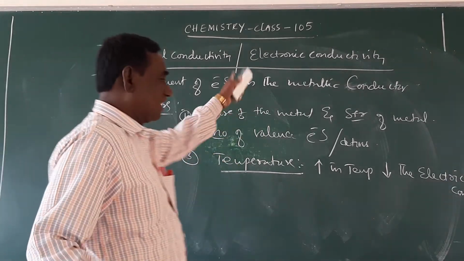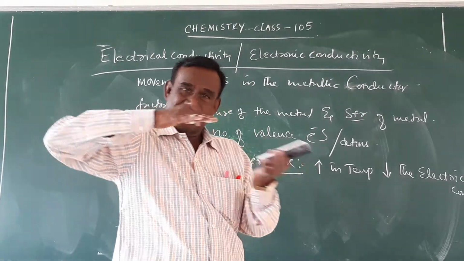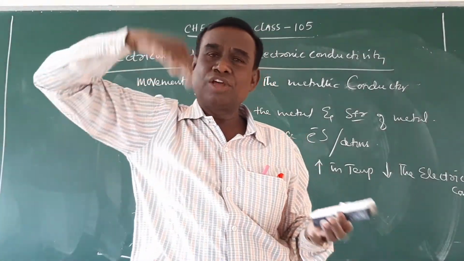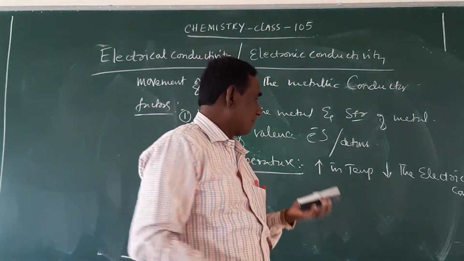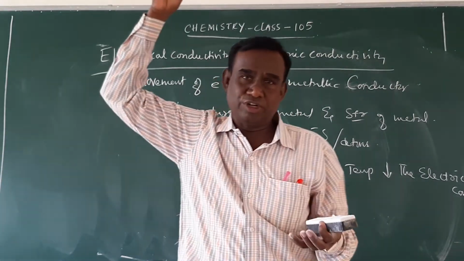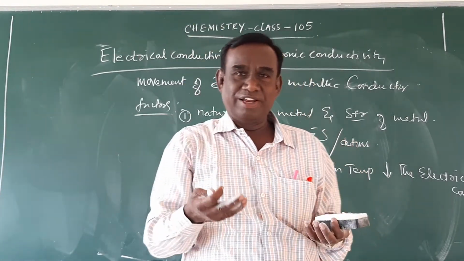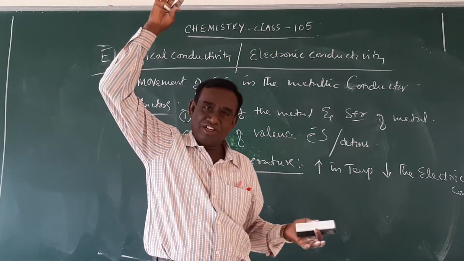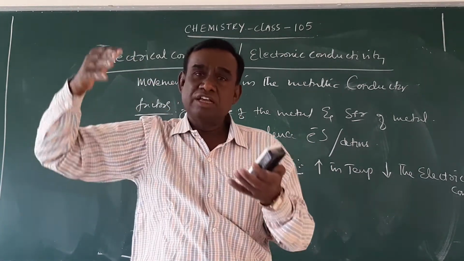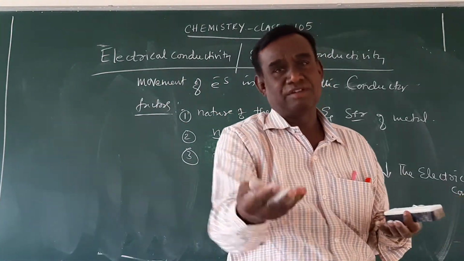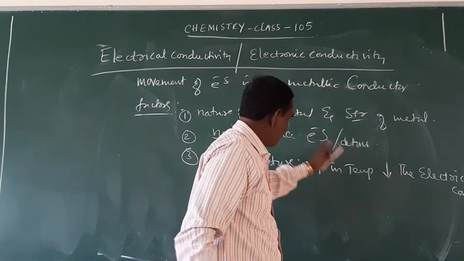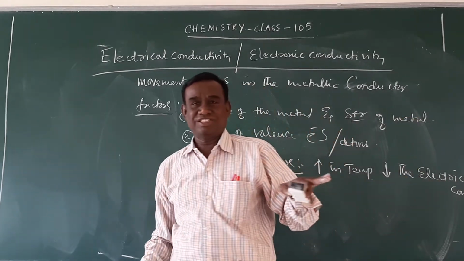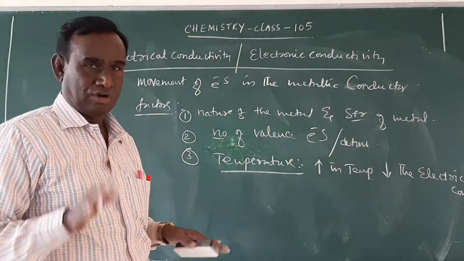As the temperature increases and the metal is heated, the electrons will escape out. That is the photoelectric effect. Then there are no electrons left to move in the metal itself. For this reason, as the temperature increases, the electrical conductivity decreases.